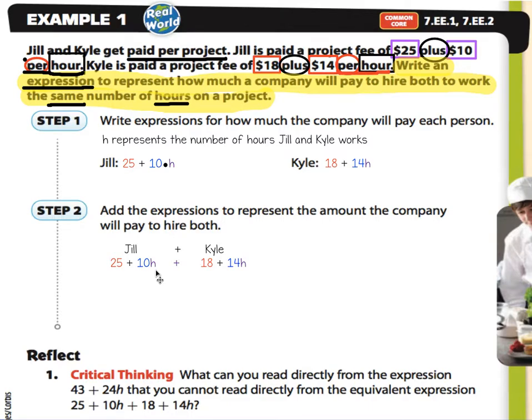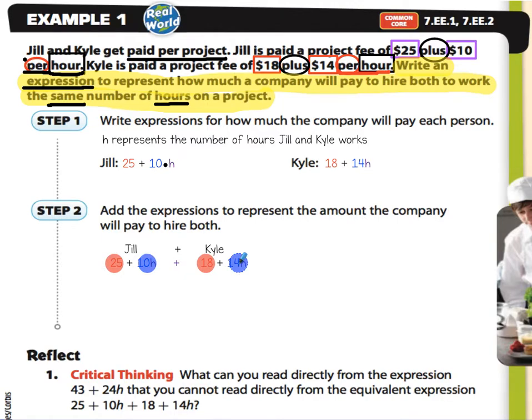So in this case, I have the numbers together. I have them color-coded for you. Both the reds are the project fees, and they don't have any variables because they are a flat fee. So these would be like terms. So again, the 25 and the 18 are like terms, so we could combine those. Then you have the 10H and the 14H.